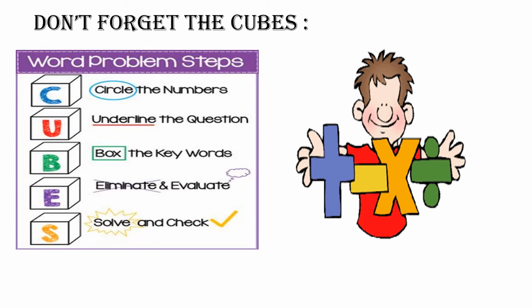Which word in the word problem is suggesting you to add, subtract, multiply or divide? Box it. E: evaluate and then solve. And don't forget to check. If you follow the cubes method, I'm sure you will never go wrong with your word problems.